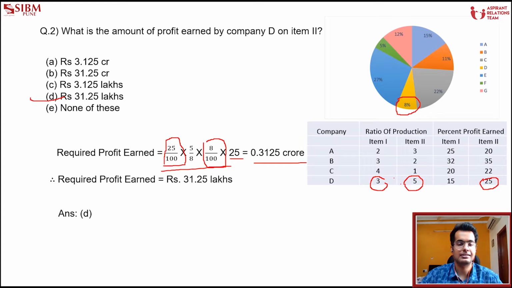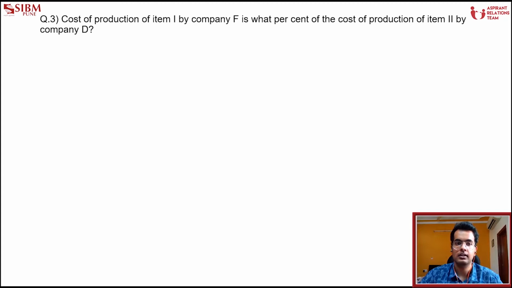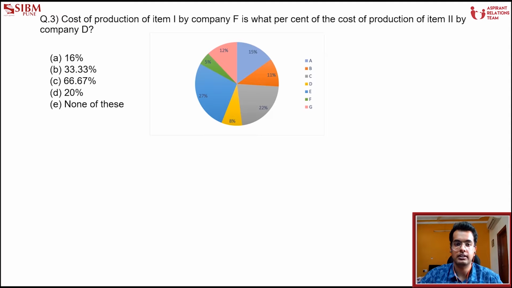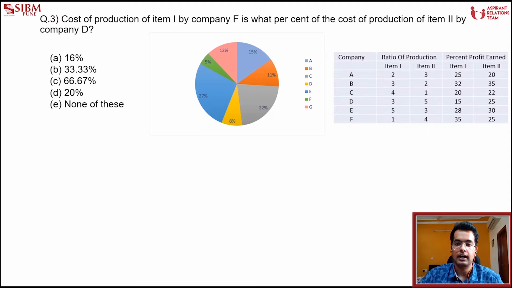So let's move on to the last question. The question asks, what is the cost of production of item 1 by company F in terms of percentage with respect to production of item 2 by company D? These are the options and the data, and it's again simply a one-line solution.